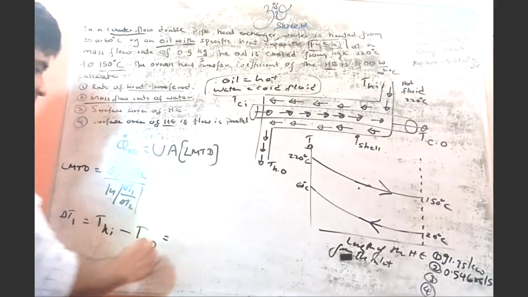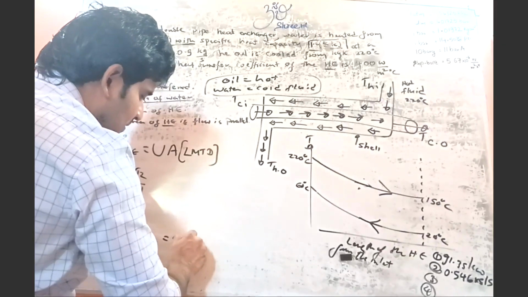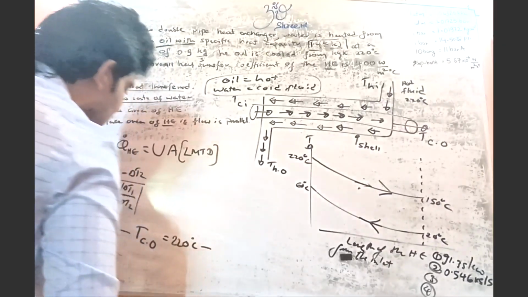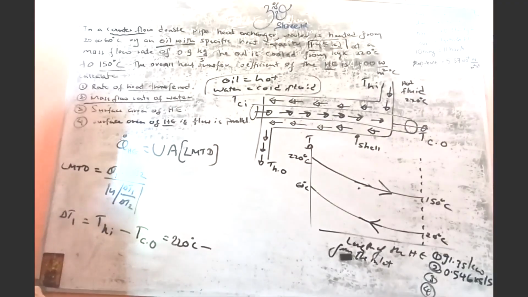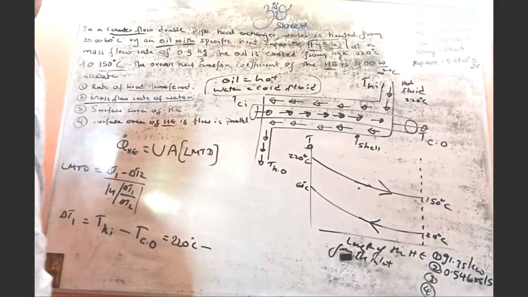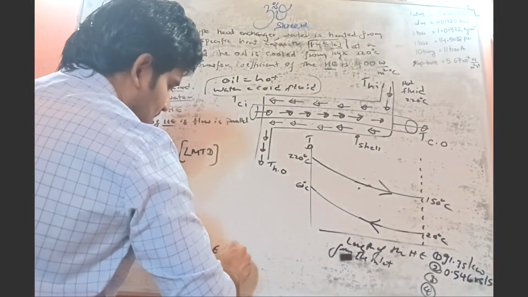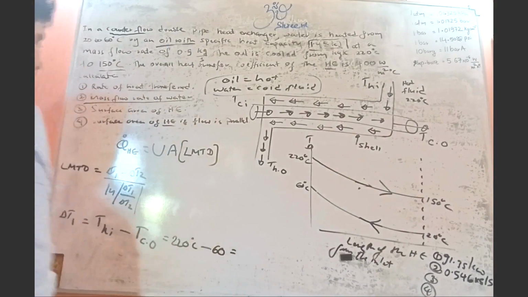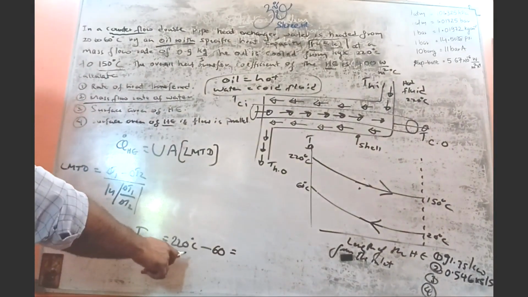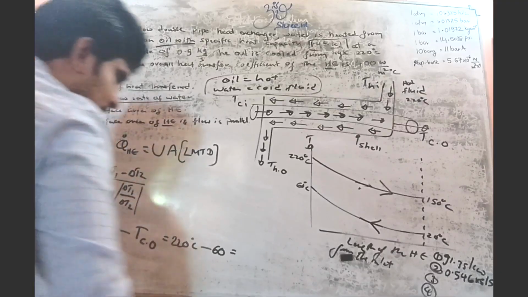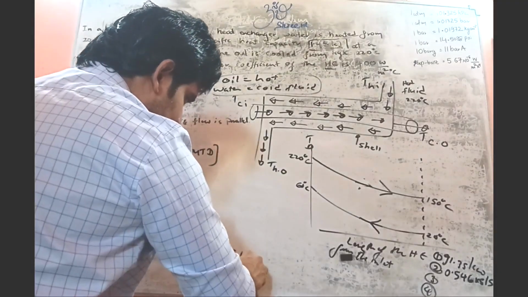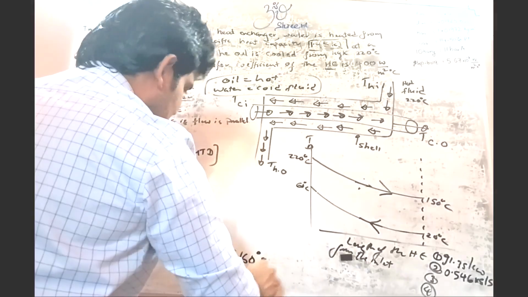The hot fluid inlet temperature is 220 degrees Celsius, minus cold fluid outlet temperature, that is 60. So 220 minus 60 is 160 degrees Celsius.